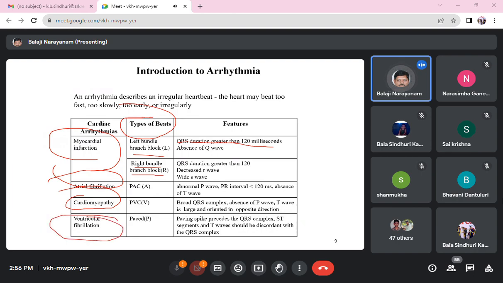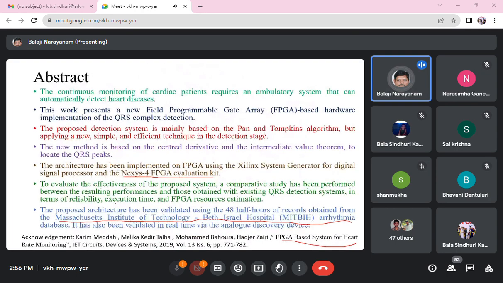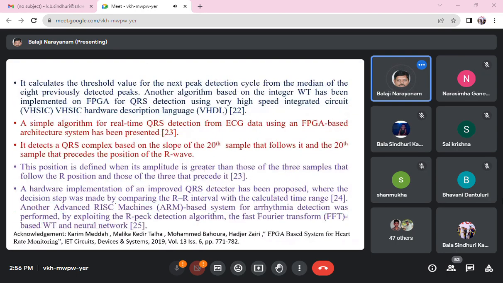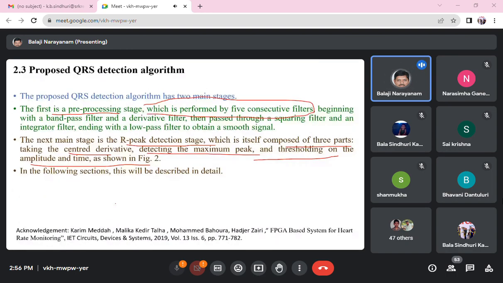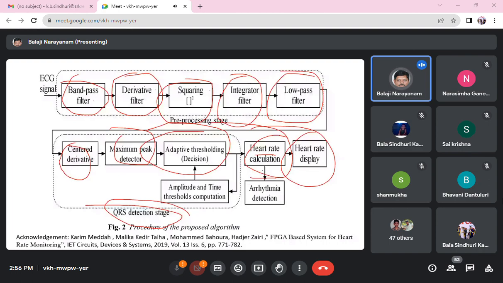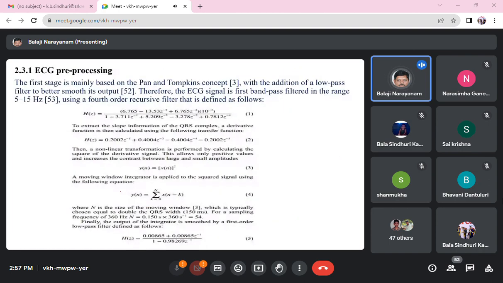So these are the 4 kinds of cardiac arrhythmias, and we decide which kind of arrhythmia it is. That is the meaning of the arrhythmia detection block here, after the QRS detection stage, as we already saw.